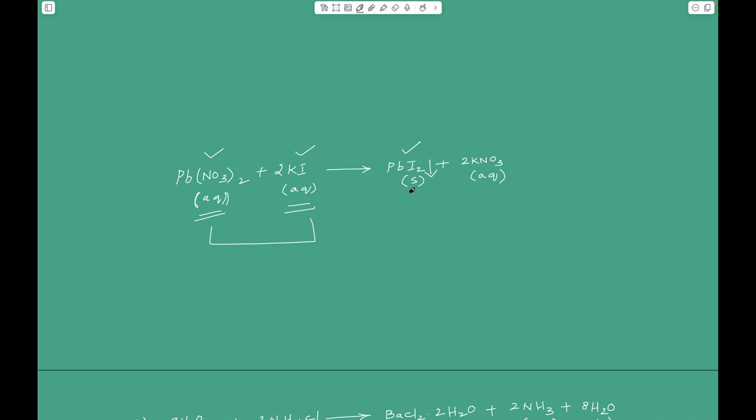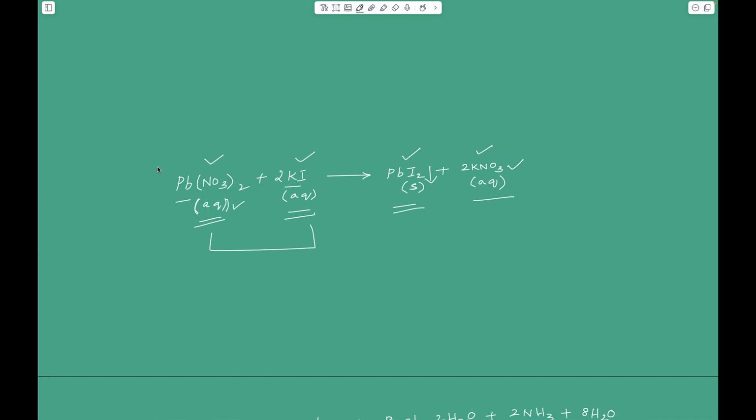So, you would get solid lead iodide. That is why I wrote (s) under the formula of lead iodide. And you would also get potassium nitrate, but potassium nitrate is soluble in water. So, you will have an aqueous solution of potassium nitrate and solid lead iodide as products of this chemical reaction between these two aqueous solutions.